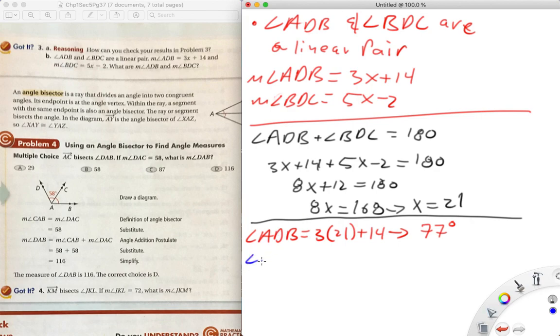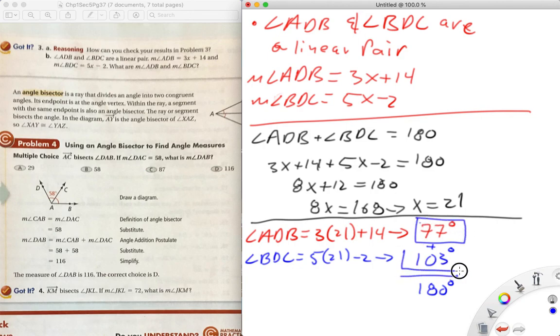And angle BDC equals 5 times 21 minus 2. And indeed it is 103 degrees. And then when I add 103 plus 77, I should get 180, which I do. So these guys are correct. So this is 77. This is 103. Okay.